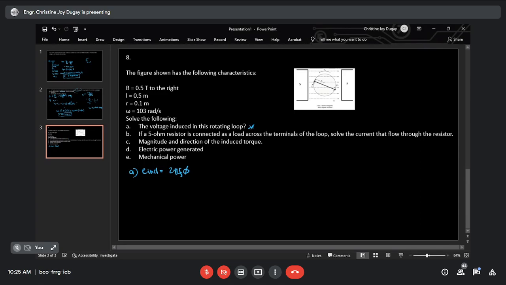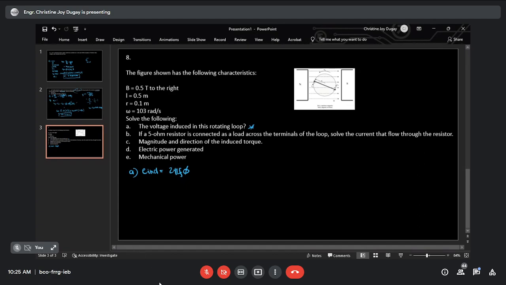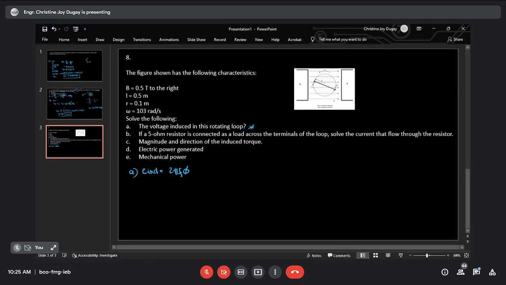Wala tayong frequency. Meron tayong frequency, makukuha sa omega. Pero ang tinatanong is the induced voltage in a rotating loop. So the equation on how are we going to solve for the value of the voltage.